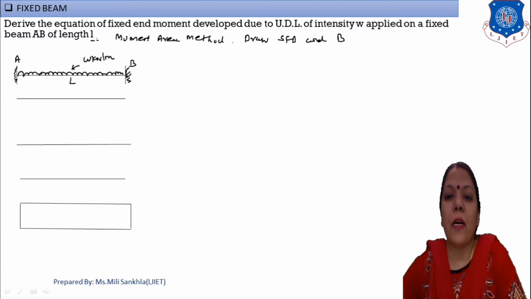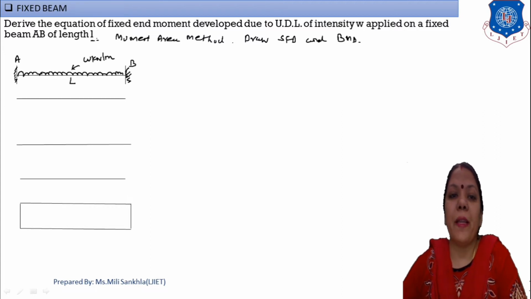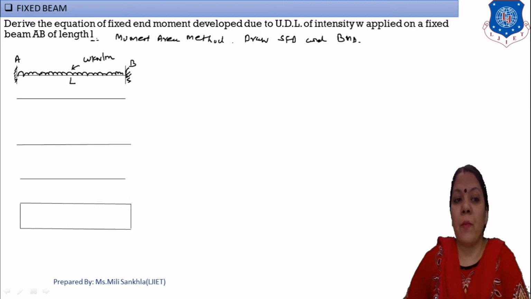In this given data we add two things: the moment area method, and second, we draw the SF and BM diagram.